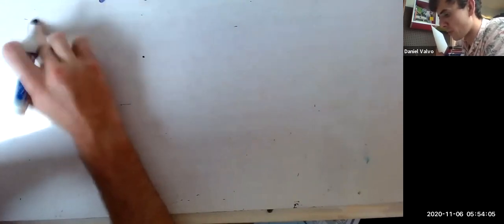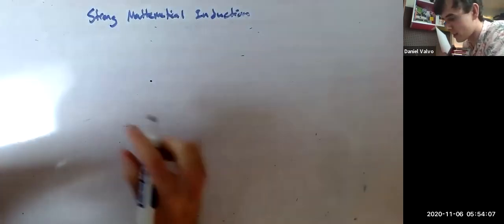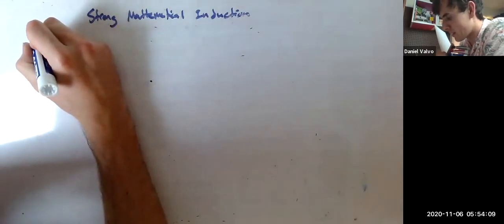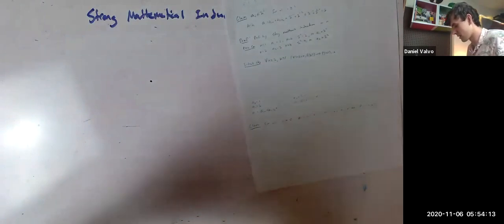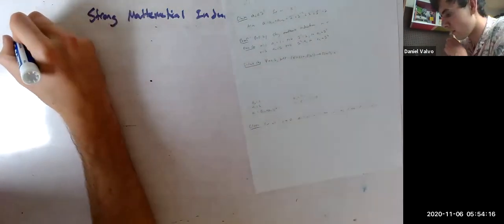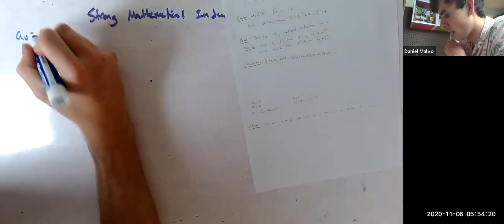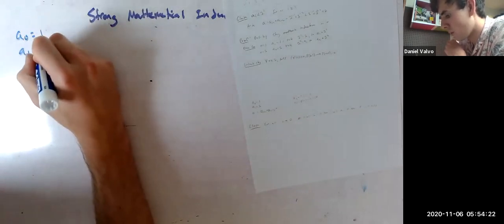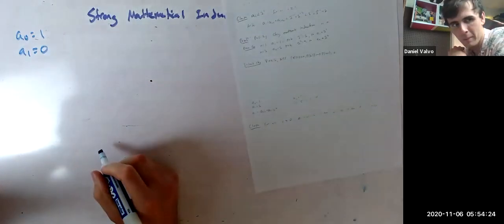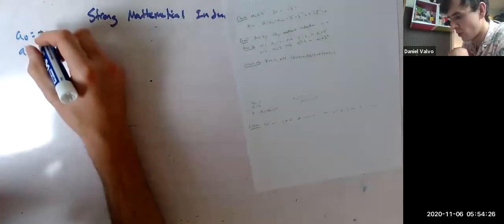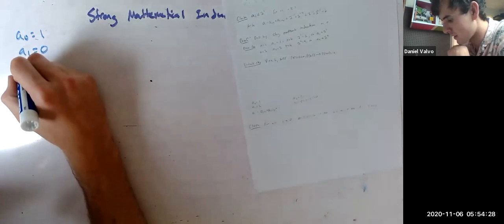Actually, the claim's about this recurrence. So I'm going to define a sequence. The sequence is going to go like this. We're going to have A0 equals 1 and A1 equals 0. So we have two base cases for our recursive case.